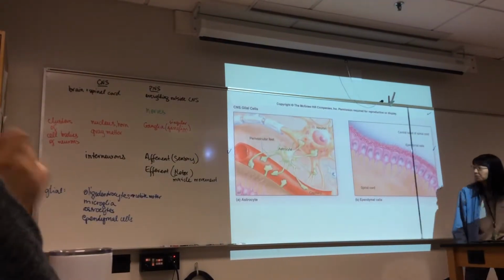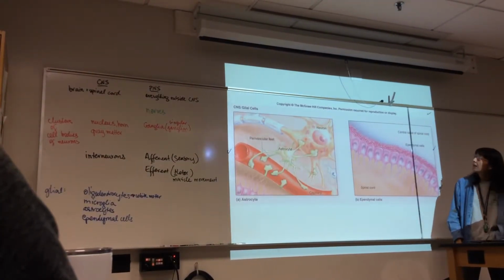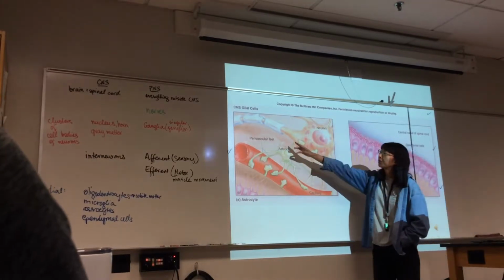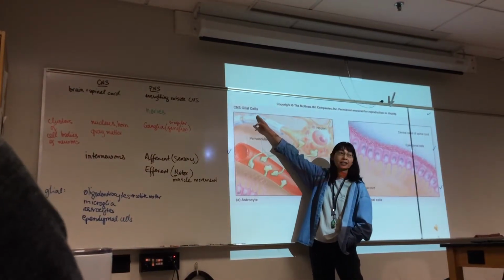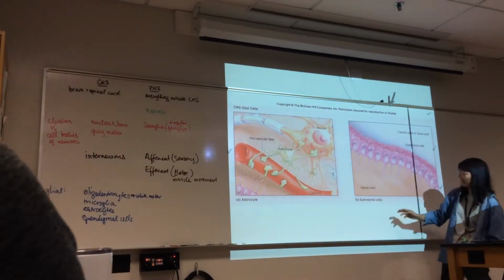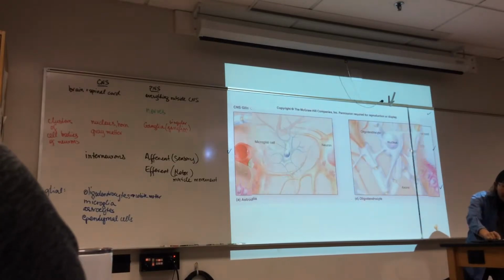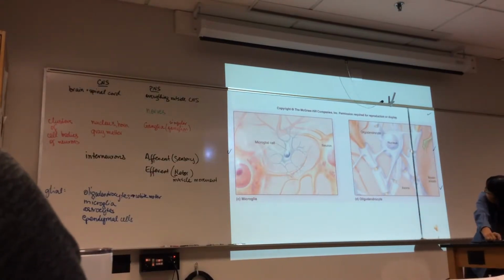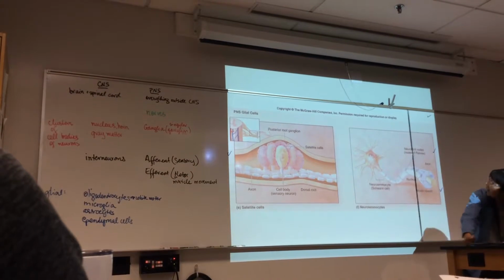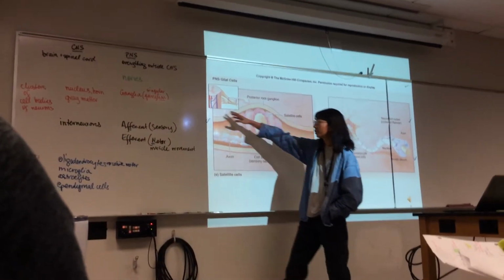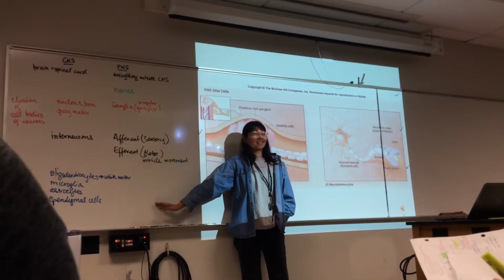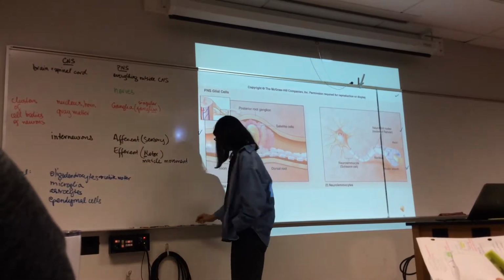Now, we went through all this, right? CNS glial cells, agree? Here they are. One last look before I move on. Now, I'm changing gear to this column, agree? So what should I write in this column?